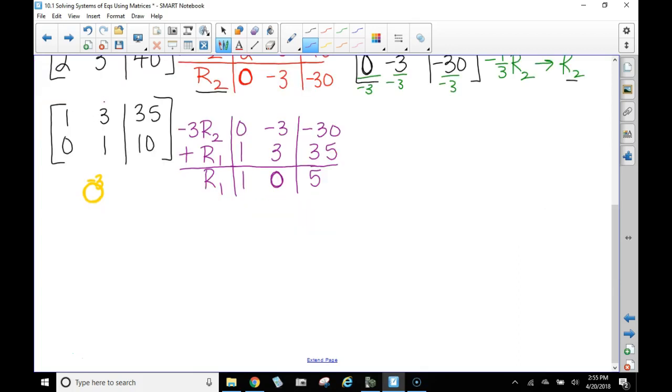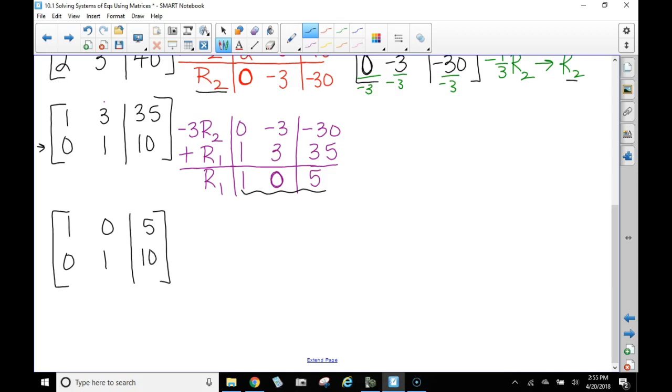So now our augmented matrix with our new row 1 is 1, 0, augmented with 5. I got that from right here. And then our row 2 doesn't change. It's still 0, 1, 10.